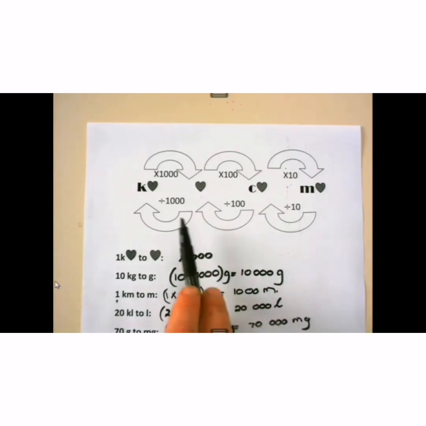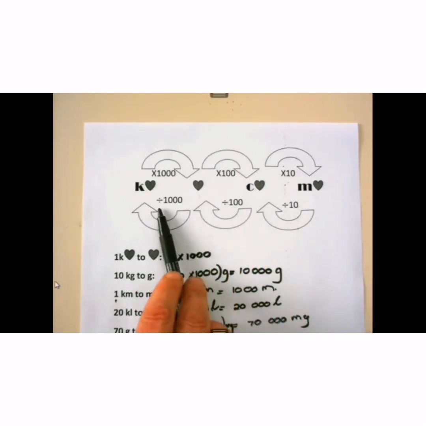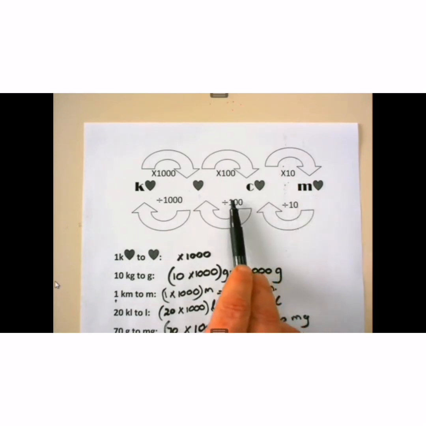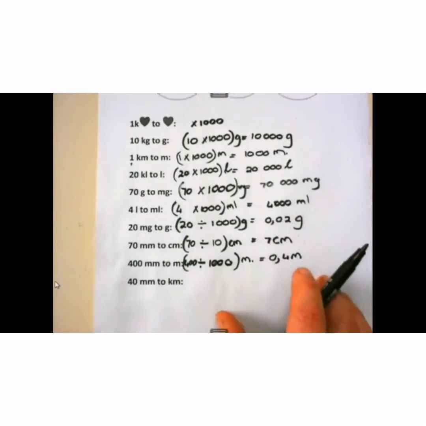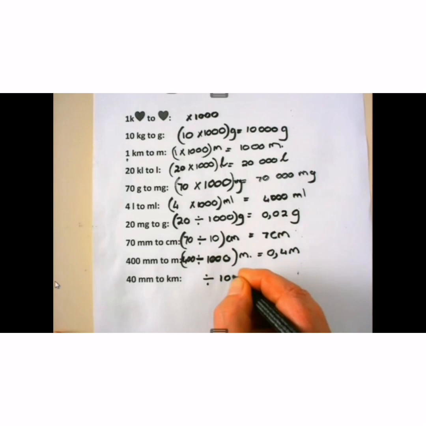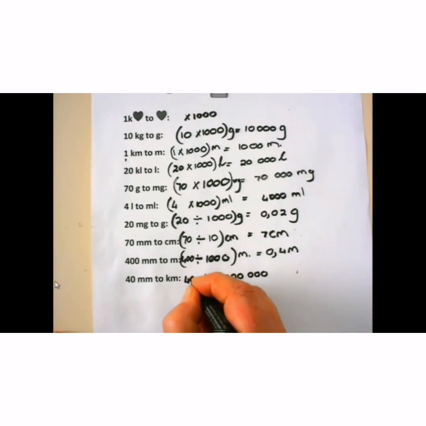You're going to divide with a 10, then 100, and then 1,000. So at the end of the day, you have 1 and 1, 2, 3, 4, 5, 6 zeros. So when you are going to divide here, you are going to divide with 1 million. There are 6 zeros.